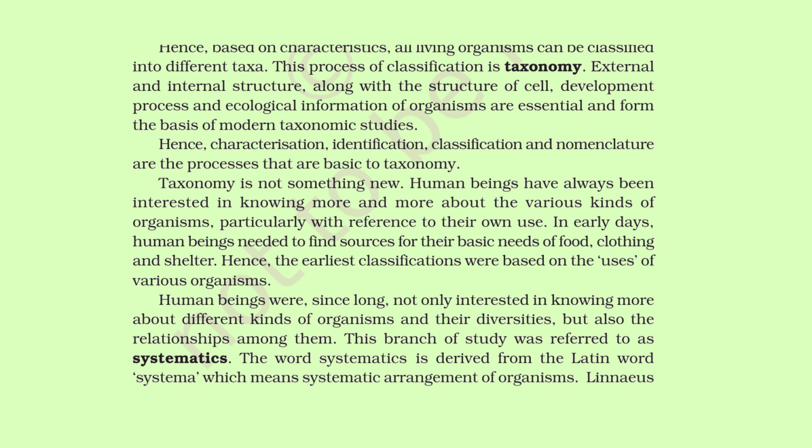Human beings were, since long, not only interested in knowing more about different kinds of organisms and their diversities, but also the relationships among them. This branch of study was referred to as systematics. The word systematics is derived from the Latin word systema, which means systematic arrangement of organisms.